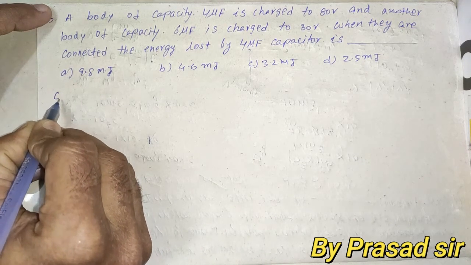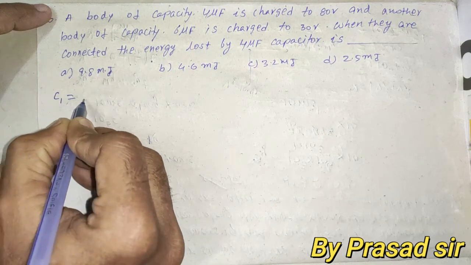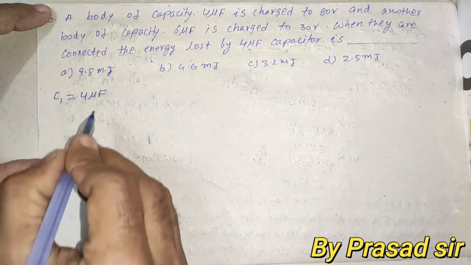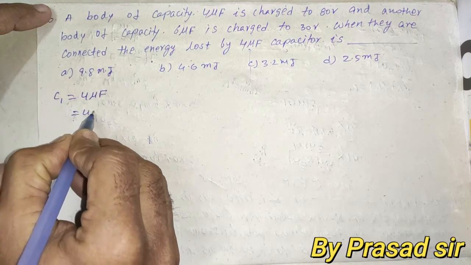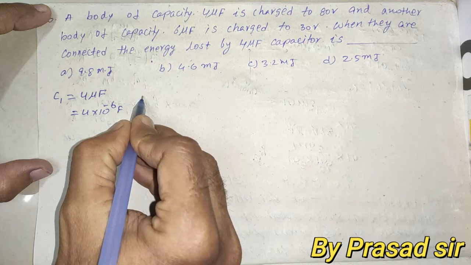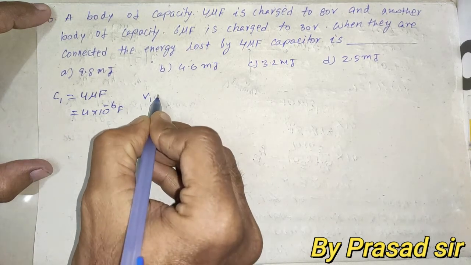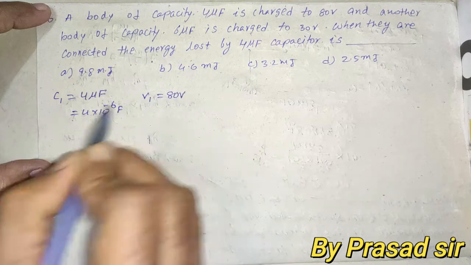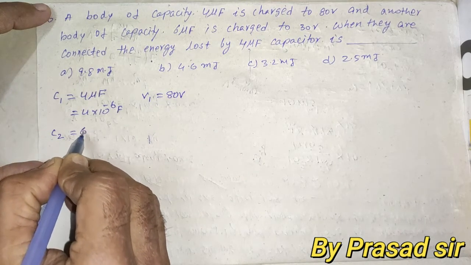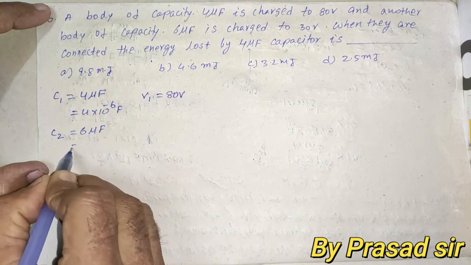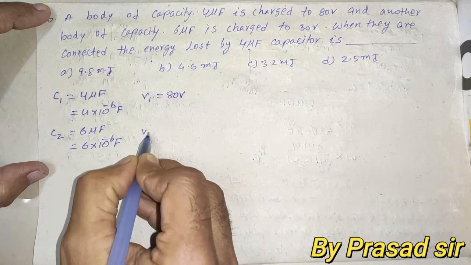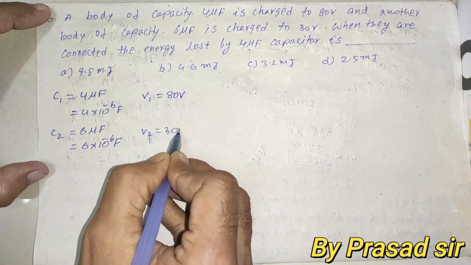C1 is equal to 4 microfarads, but actually 1 microfarad is equal to 10 to the power of minus 6 farads. And it is connected to the voltage V1 equal to 80 volts. And another capacitance, the 6 microfarad capacitor, which is 6 into 10 to the power of minus 6 farads, is connected to 30 volts.